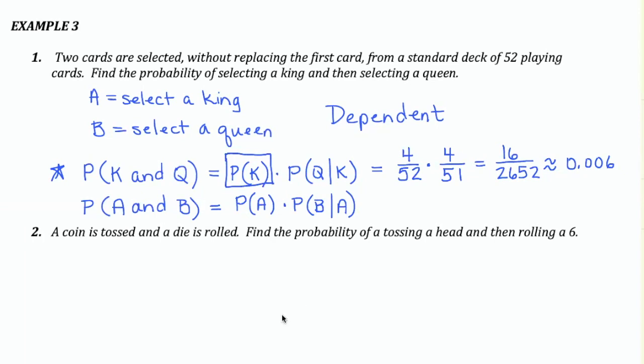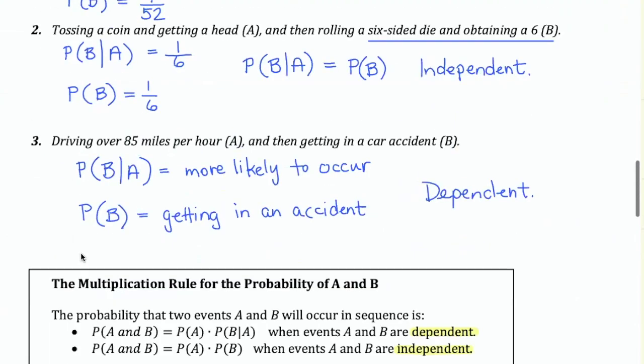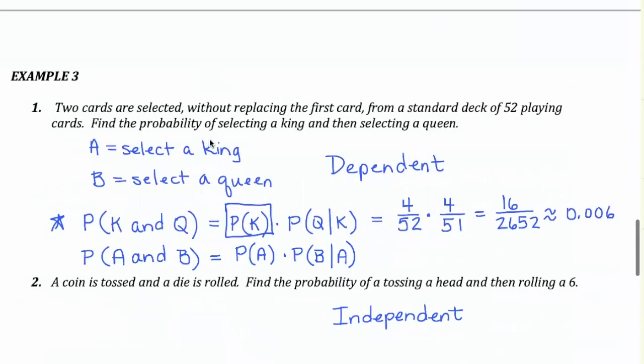Suppose we have a coin tossed and a die rolled. Find the probability of tossing a head and then rolling a 6. As we said before, these would be considered independent events because what I get from the coin toss has no impact on the probability of rolling a 6. So therefore, going back to our multiplication rule, I'm going to be using the second form where I just need the individual probabilities, and since they don't affect each other, I just take those numbers and multiply them.